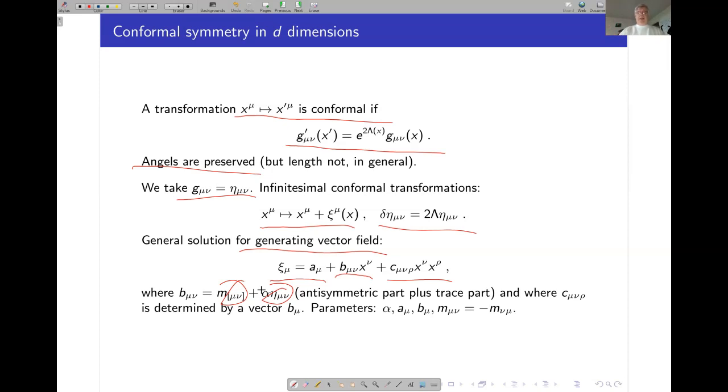And then there are also terms which are quadratic in x, and this is a bit harder to figure out, but one can show that these can be parametrized in terms of a vector b mu. So the resulting parameters are then one scalar, two vectors, and one antisymmetric tensor. And what do they mean?